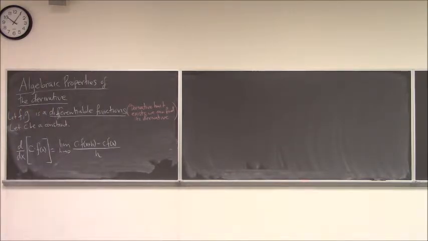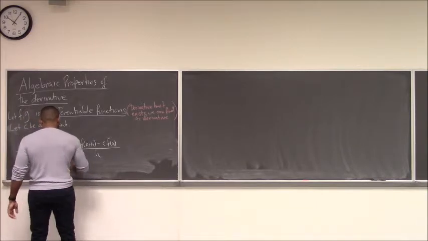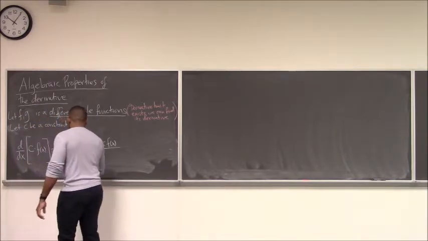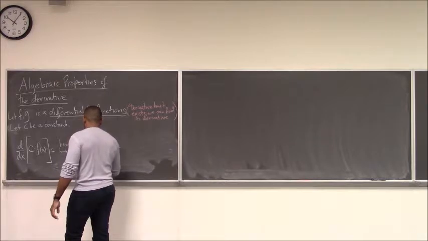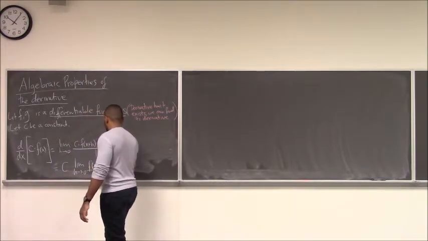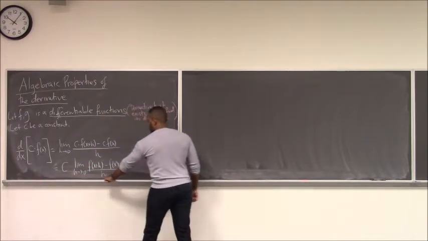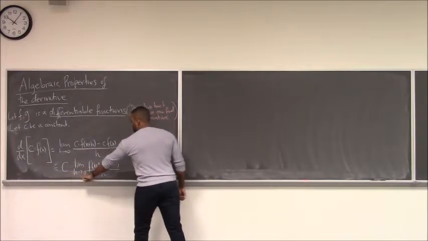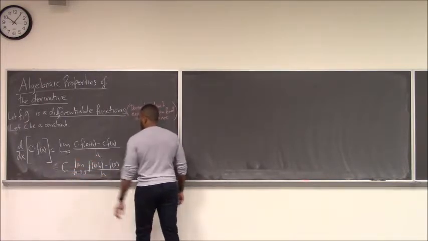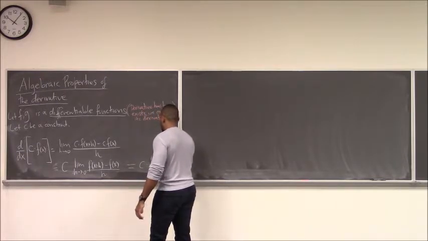By the definition. Notice here, c is a common term, and we know we can factor constants outside of limits, so we can do that here. So I can factor that constant out, put it in front of the limit. I will be left with f of x plus h minus f of x over h. And this, you will notice, is the definition for the derivative of f, which we know exists. So this will equal just c times f prime of x.